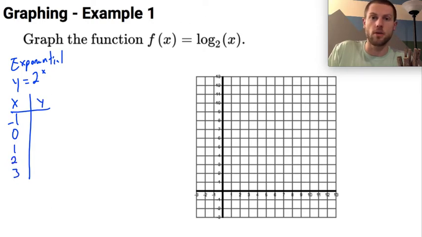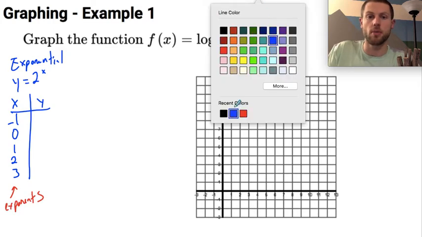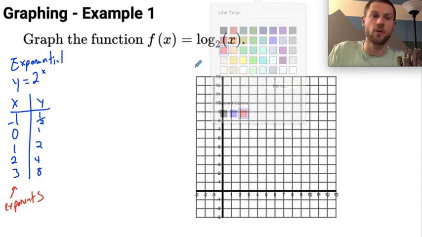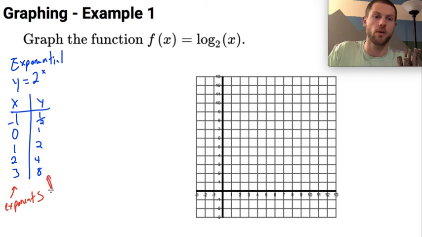And remember that you're coming up with these x values as successive integers, and you're using these as exponents. Then you evaluate them, plug them in, and you'd get 1/2, 1, 2, then 4, then 8. And what comes out for my y values, the output of my exponentials, are the powers. So these are all powers of 2.